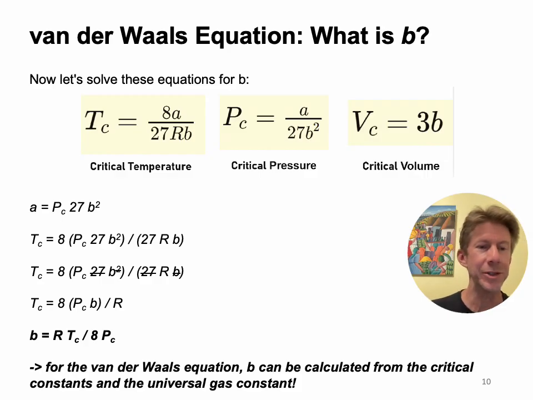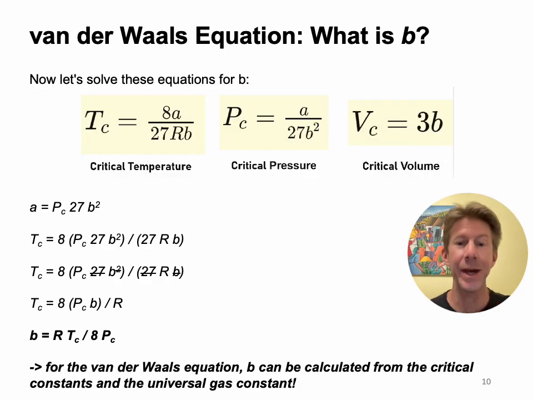But so the critical temperatures and critical pressures are widely cataloged, and now we can estimate for any gas the B, and B will have units of milliliters per mole. You can change the units, but that's typically what we're using right now. We may have to change units coming up, but so far that's what we're using.